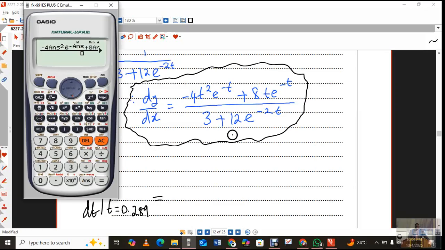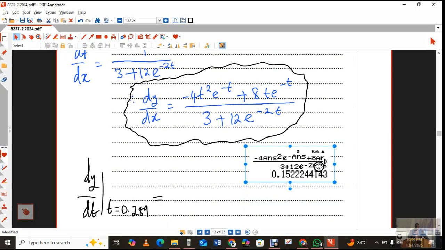Now I'm starting here, 3 plus 12 e negative 2 answer, hit equal to. Oh, it's a mouthful, that's the correct answer.